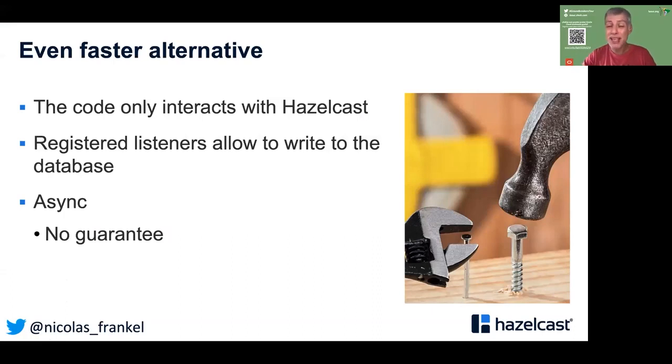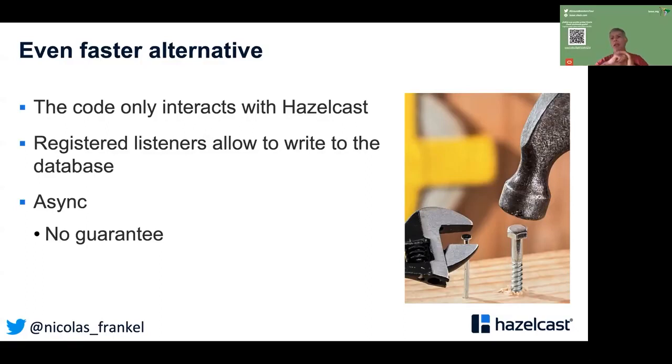If you want to be even faster, what you can do is remove Hibernate and use Hazelcast as your data store. Then you can have listeners that will write to the database asynchronously. Of course, in that case, you are very, very fast, but there is no guarantee.